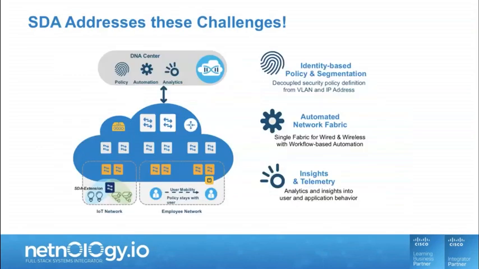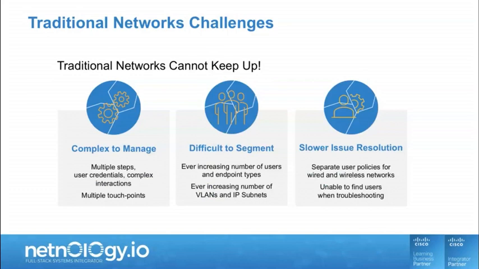And if you remember what we talked about, and some of the folks maybe were not able to attend the first webinar, the idea is that we are seeing 3 key areas where IT managers are telling us about their networks. They're complex to manage, they're difficult to segment, and they're slow to resolve issues when things happen.